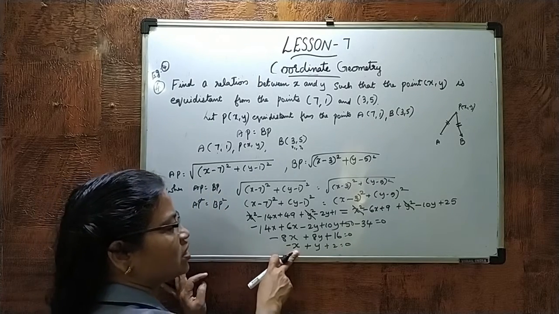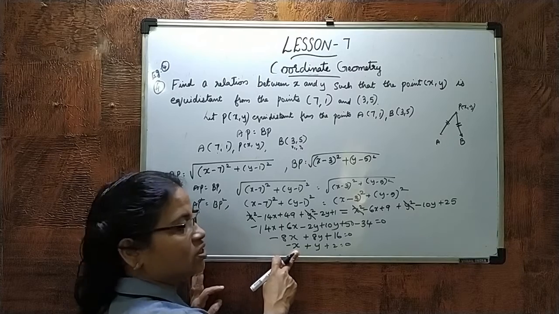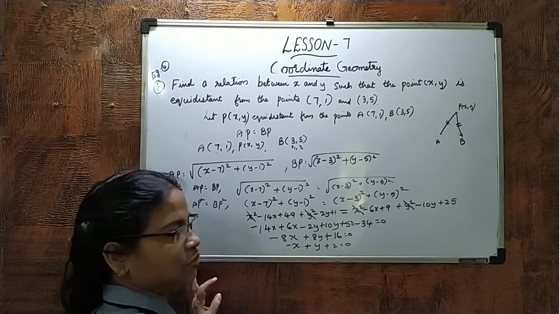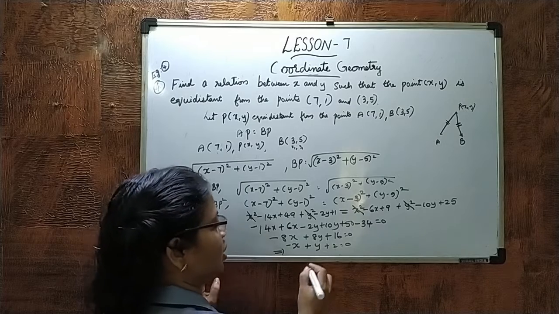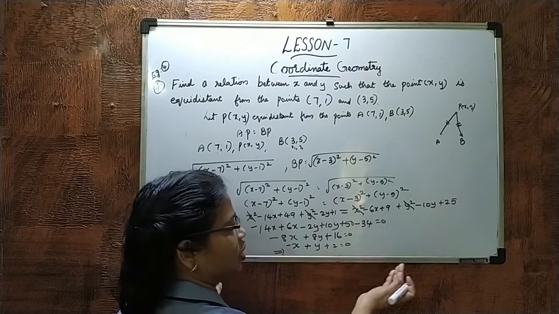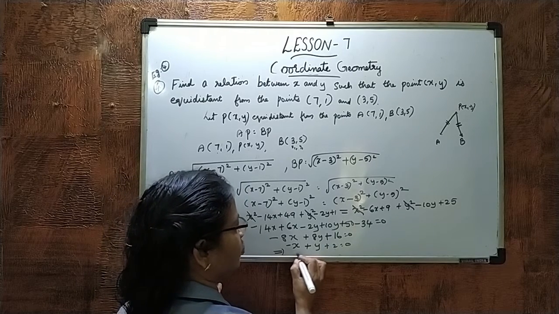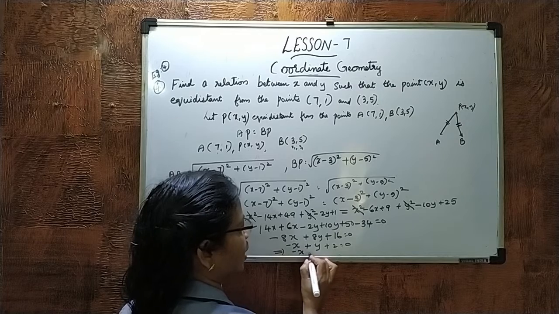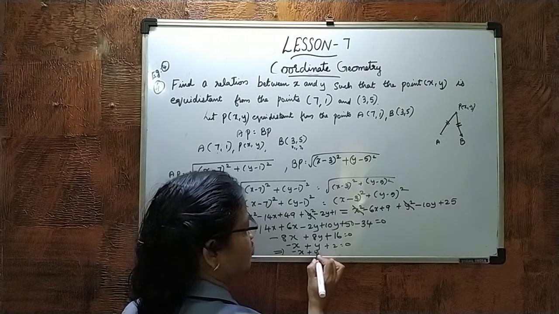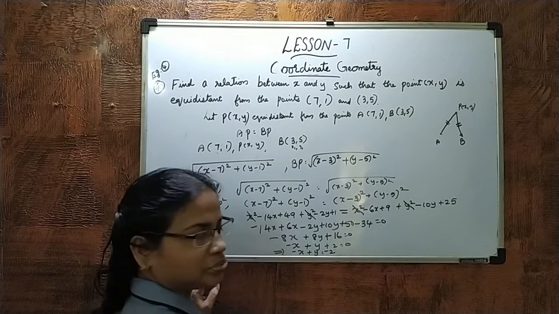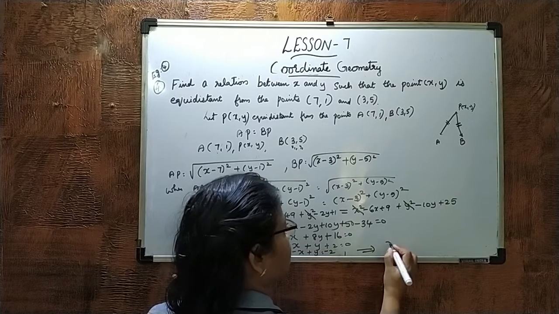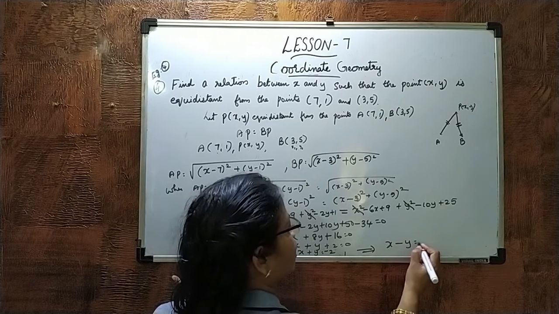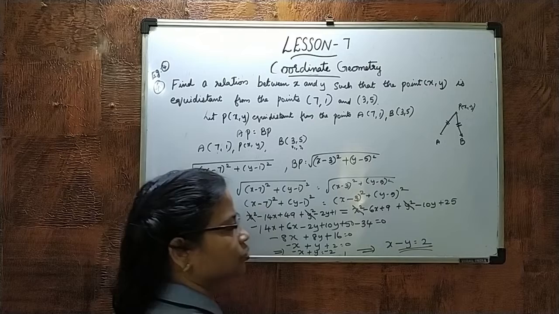Now look here, first itself there is a negative sign. So what should you do? Make it positive. All the signs have to be changed, and then this constant you have to move to the other side. So first we will write like this: negative x plus y equals negative 2. It becomes x minus y equals positive 2.